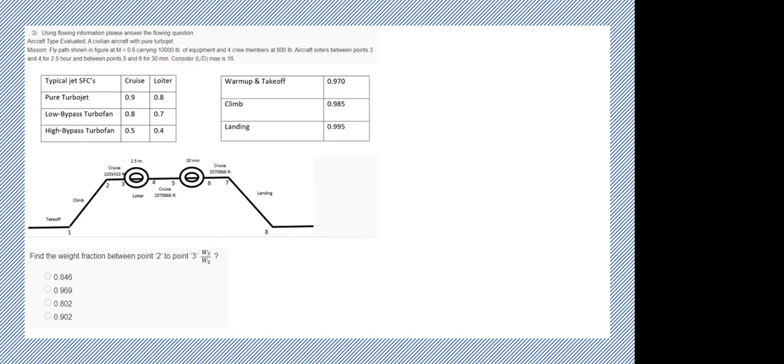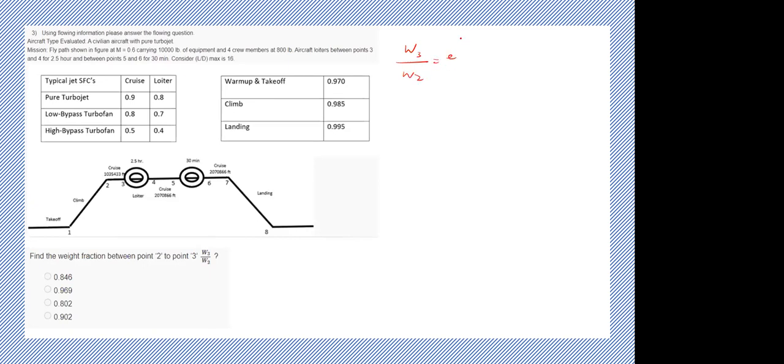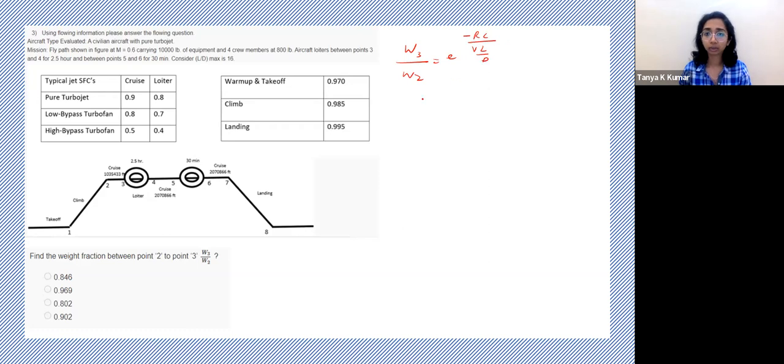Cruise. So what was the formula for the weight fraction? W3 by W2 is e raised to minus RC by V into L by D.